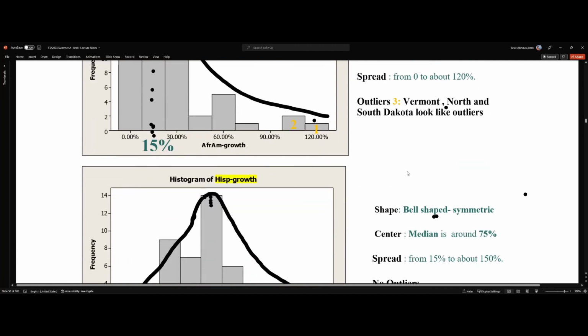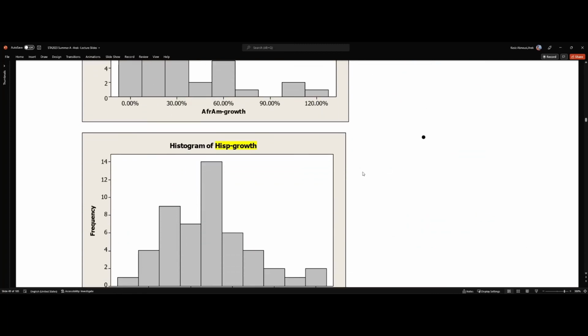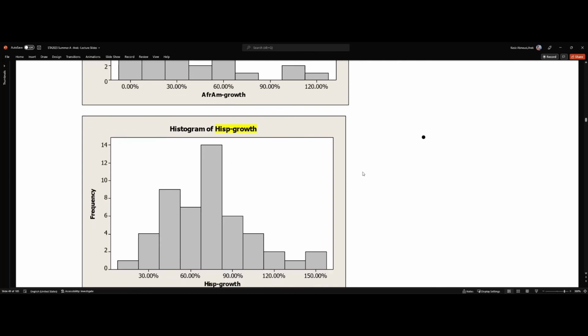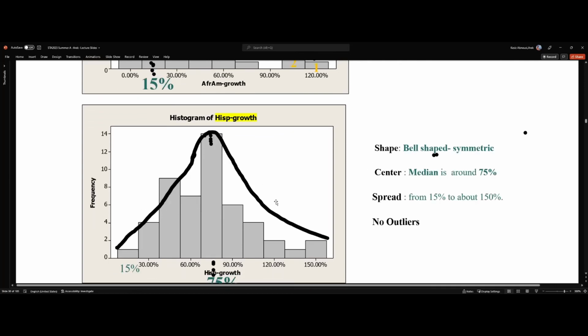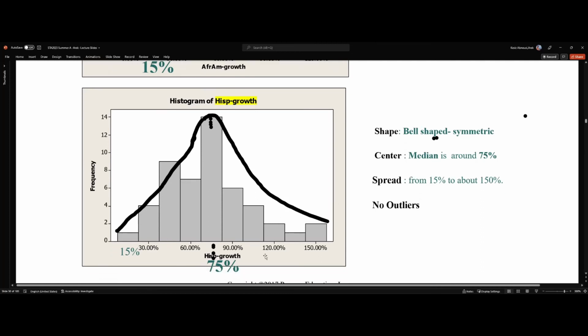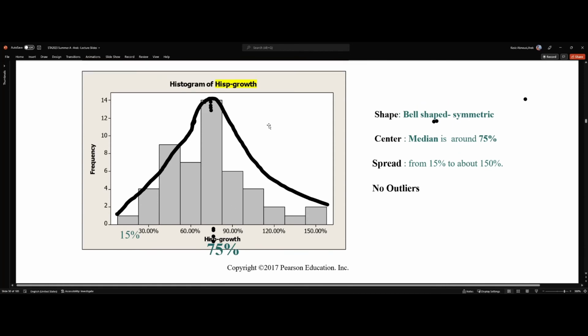And the last example is the rate of Hispanic growth. As we can see, it's bell shaped, and the median is here, 75%. The range is from 15 up to 150, and there are no outliers, which is clear.